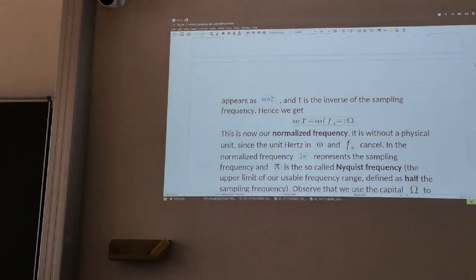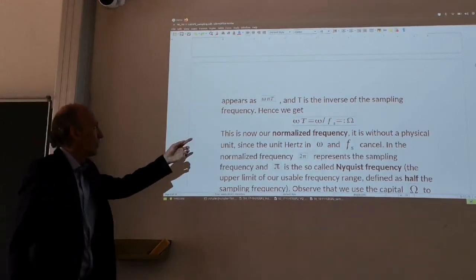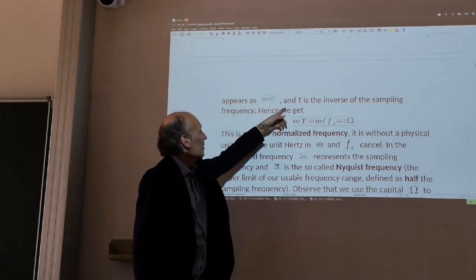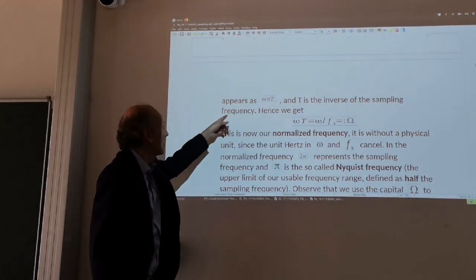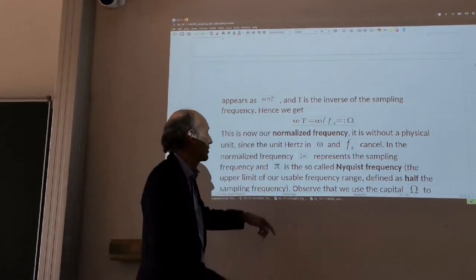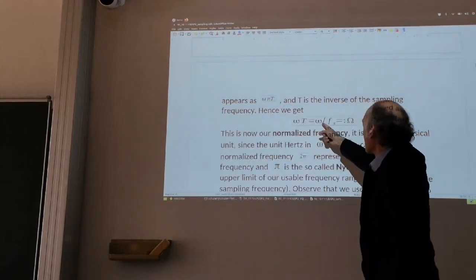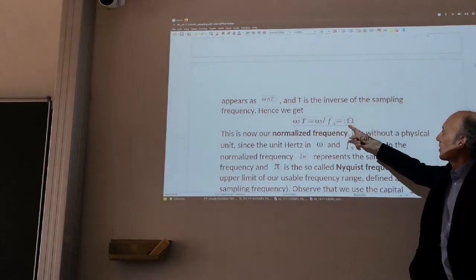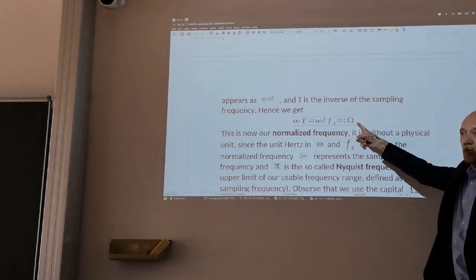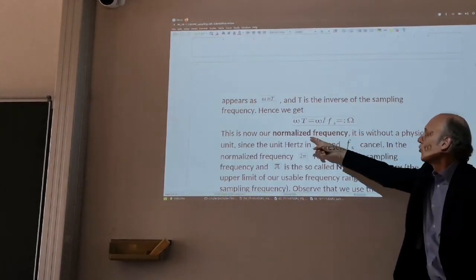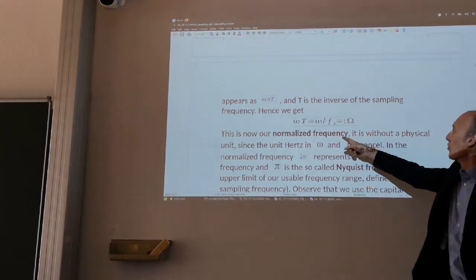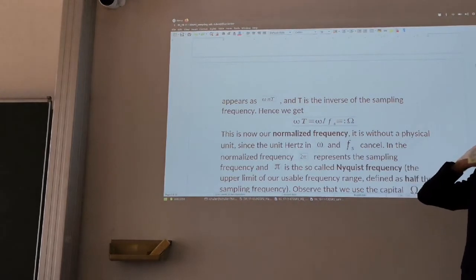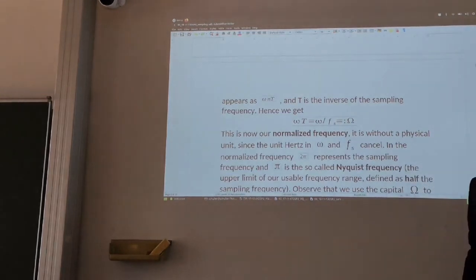The exponent now appears as omega times T, and T is the inverse of the sampling frequency. Hence omega T is identical to omega divided by the sampling frequency, and we can give this a new letter, capital omega, and this is called our normalized frequency. Normalized because we divide by the sampling frequency. It's normalized to the sampling frequency.